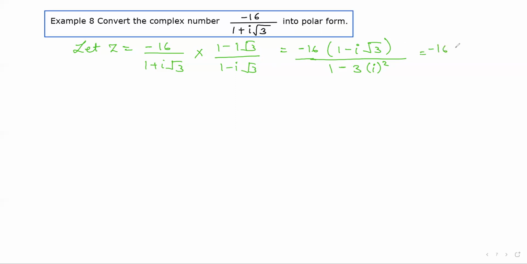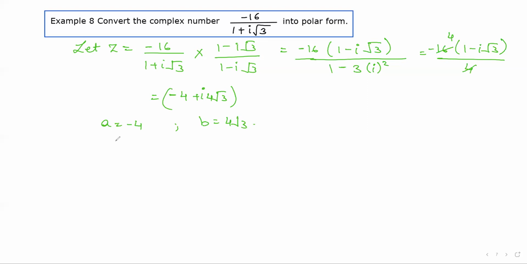Minus 16 into 1 minus i root 3 upon 4. Dividing by 4, you have minus 4 plus 4 root 3 into i. Here your a is equal to minus 4 and b is equal to 4 root 3.